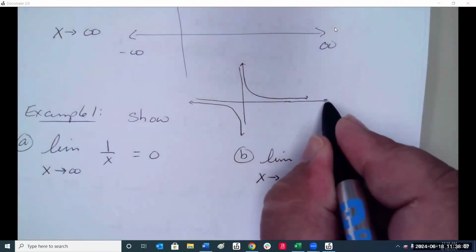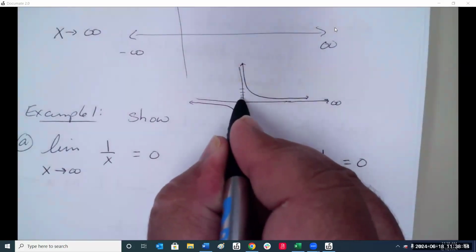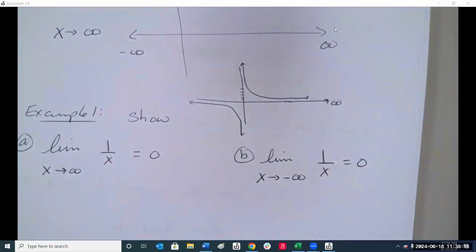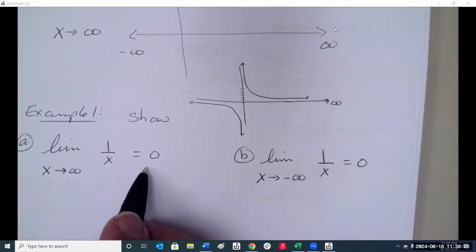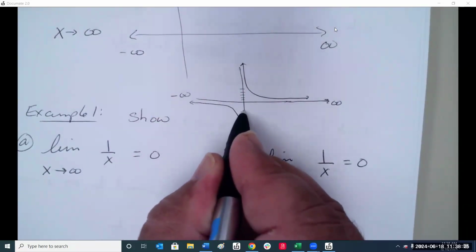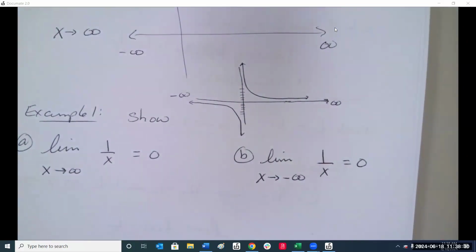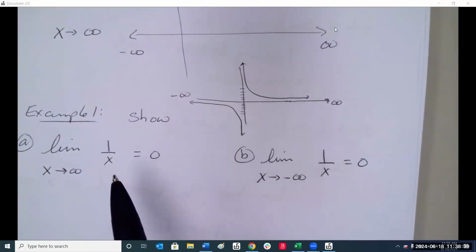So as x goes to infinity, what happens to the function? It gets closer, closer, closer to 0. It's approaching 0. As x goes to negative infinity, the function gets closer to 0 as well. But that's not what the question is asking us to do. It says we have to show this using our definition. Graphically, we can see it.